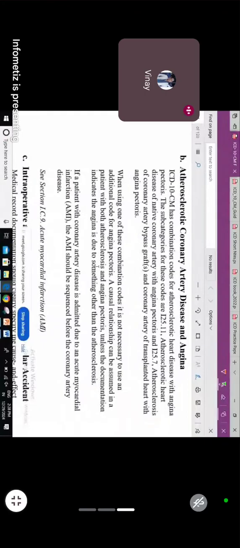Stable means the patient knows the angina is stable. It means the patient knows that if I do severe stress on the heart, meaning exercise or emotional stress, someone says, "Hey, he just got over a heart attack. Don't give him bad news directly."